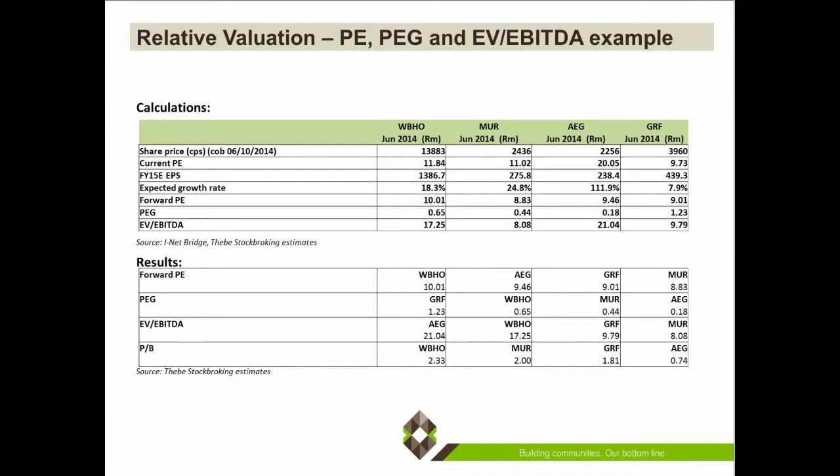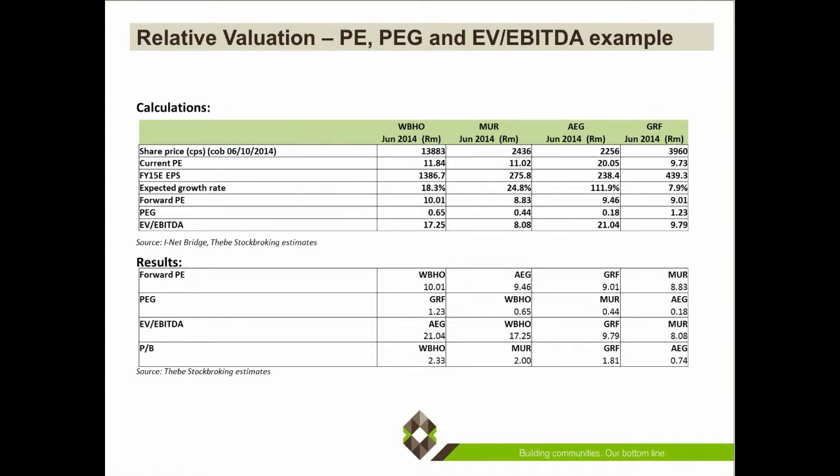There we see that Aveng looks the cheapest because it's got the lowest PEG ratio. Your EV/EBITDA method, again, shows that Murray & Roberts is the cheapest, and your price to book value shows that Aveng is cheaper, because it has the lowest price to book value.